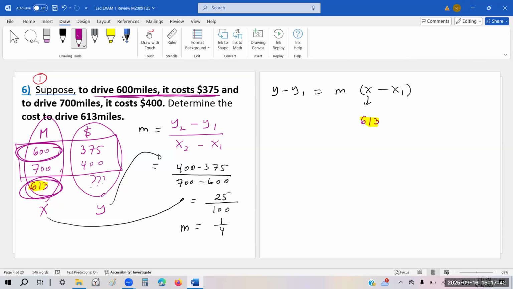Let's say this one is x1. So x1 is 600. And which one is our y1? 375. And do you know what is m? 1/4.